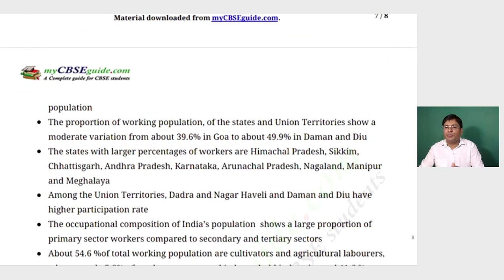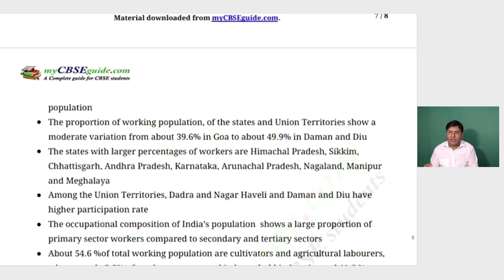The proportion of the working population of the states and union territories shows a moderate variation, from about 39.6% in Goa to about 49.9% in Daman and Diu. And this proportion also varies depending on the states and the union territories.